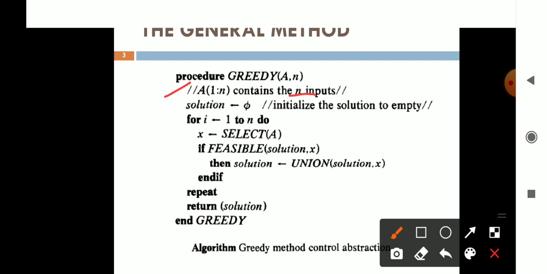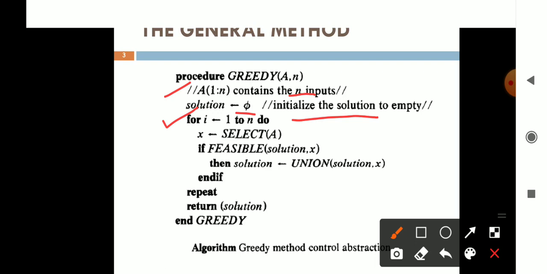Now here we are having the solution, and we are going to find out multiple feasible solutions here. Of course we are having the solution and we are initializing the solution to empty. Right now we don't have any solution for our problem, so here we are initializing it with phi, that is empty. Now here we are going to find out multiple solutions for our problem.